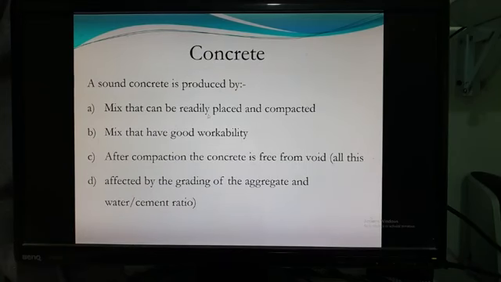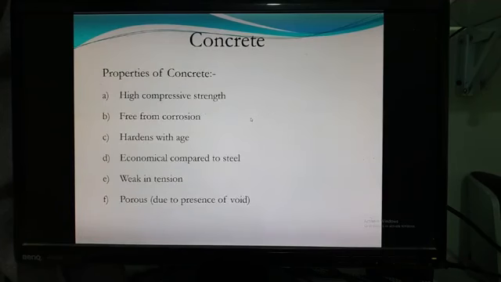So sound concrete is produced by a mix that is readily placed and compacted, with good workability, free from voids, and a good type of aggregate and water cement ratio. Ultimately, the properties of concrete that we use so much is because it has a high compressive strength.